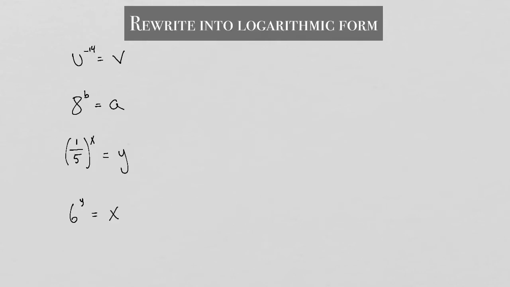Okay, let's do a couple more of these for practice, rewriting between exponential and logarithmic form. This first one we see we have base u, so we're going to say log base u of v equals negative 14. Okay, this next one we have log base 8 of a equals b.